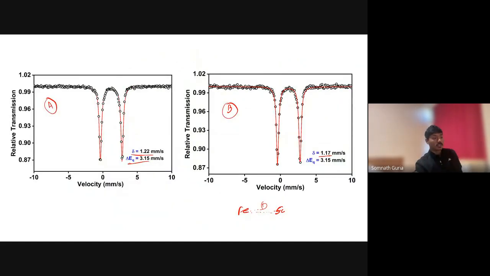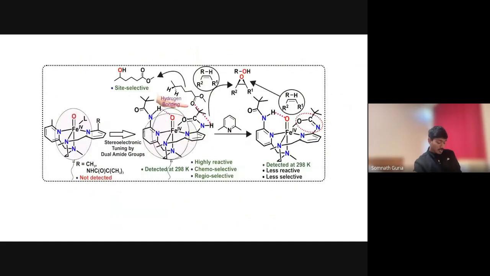Another example over here. This is a very interesting thing. Okay, so the same group doing this kind of iron(IV) oxo species, and taking this iron oxo species, they are actually making a peroxo oxo species, and that oxo species actually transfers into the olefinic group and makes oxidized olefins.